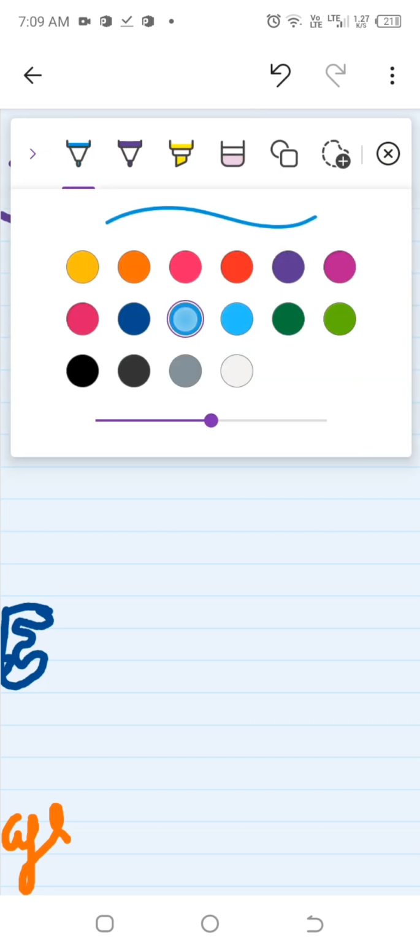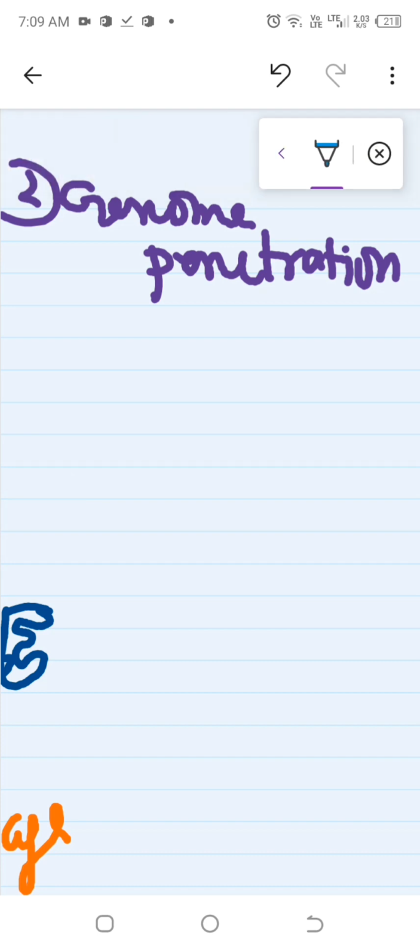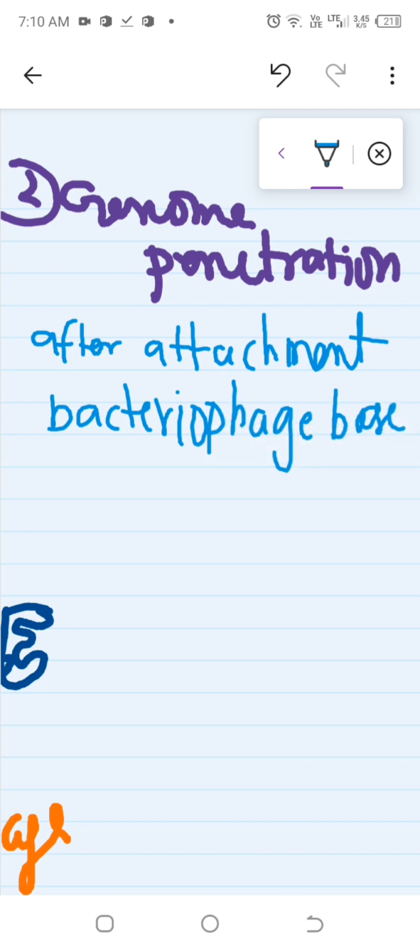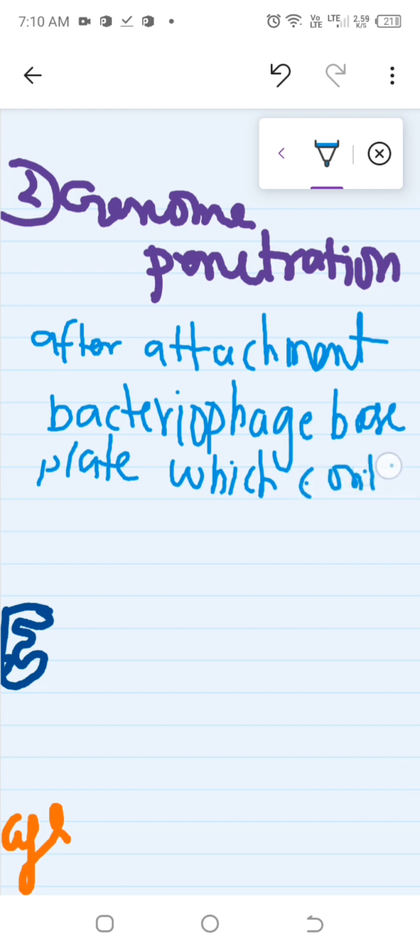What happens here? After attachment, the bacteriophage base plate, if you have not watched the structure video you can watch that, contains pins. These pins are retractable, so they can easily be removed or attached.